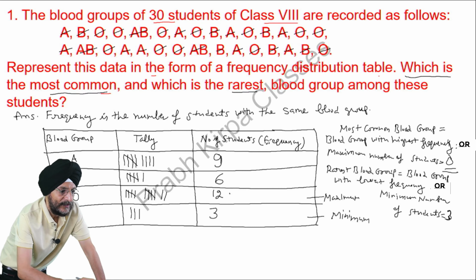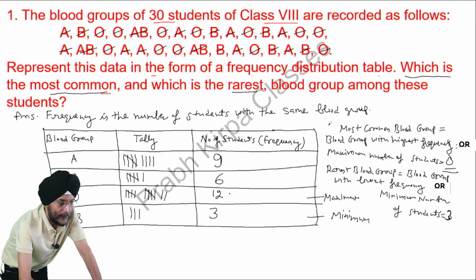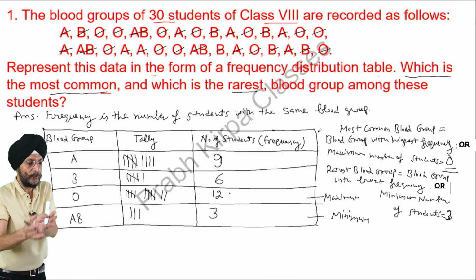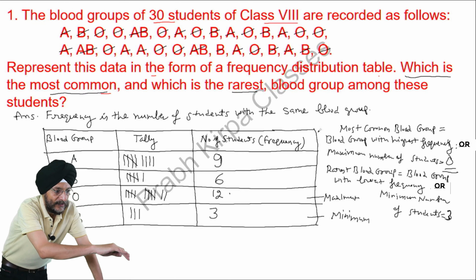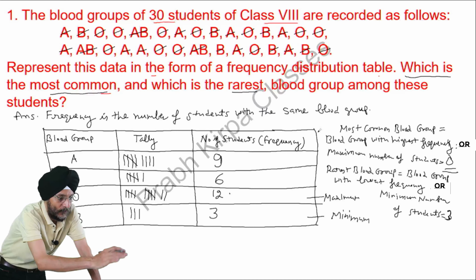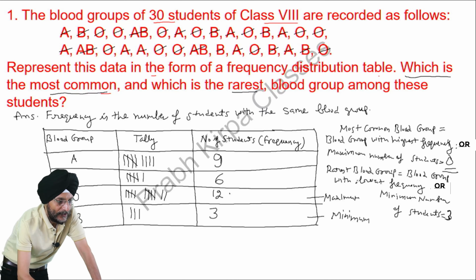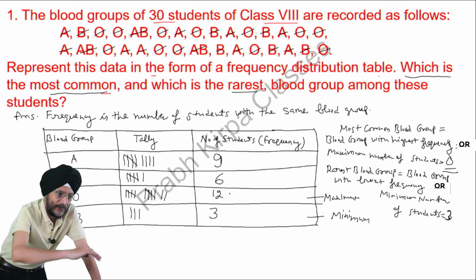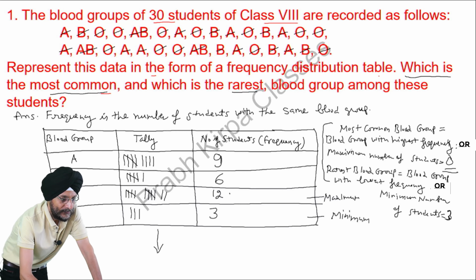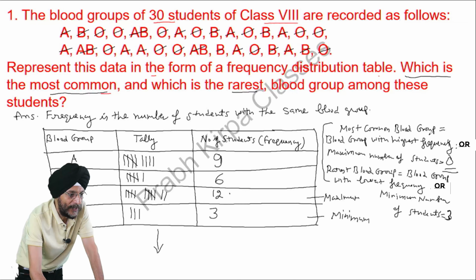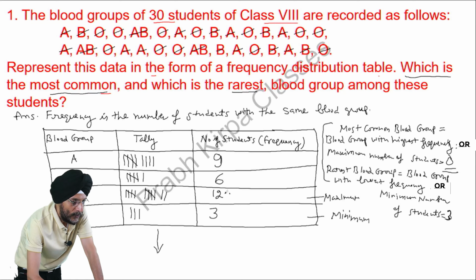We have written this here because if we shift to the next slide, we will not be able to see the data which we have formed in the table. When you are writing in the exam, you are to write this below the table. So the most common blood group is O and the rarest blood group is AB.